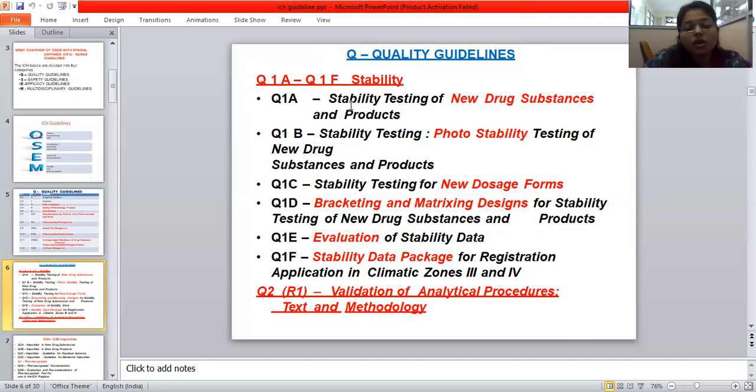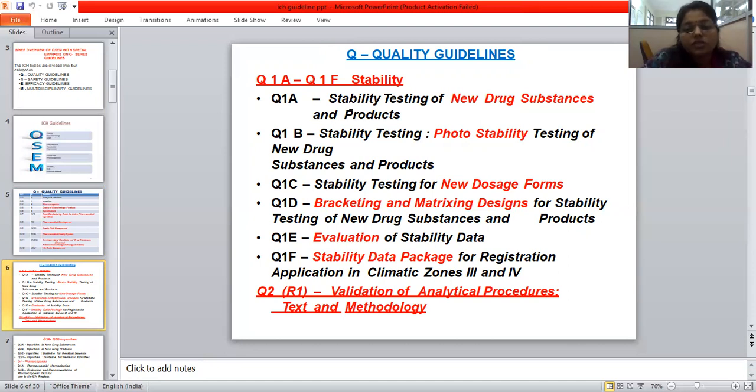Whatever we are performing needs to be evaluated. For the stability data, whether it is a 3 month, 12 month, or 4 year study, we have different periods of stability study of a new product or new drug substance, and whatever results we get, we need to make our final evaluation accordingly. For how to evaluate that study, we can refer to Q1E for the stability data.